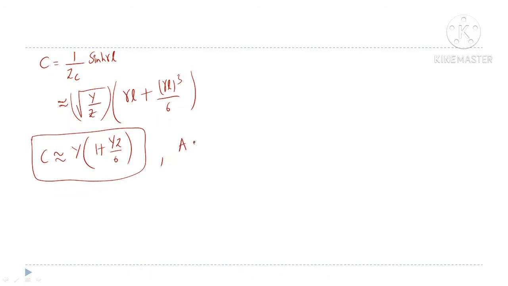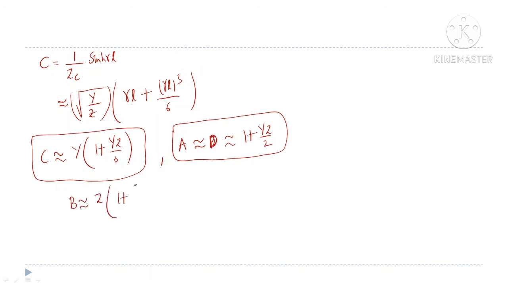Now let me write everything in a single place. A and D values are 1 plus yz by 2, C value is y into 1 plus yz by 6, and B value is z into 1 plus yz by 6.